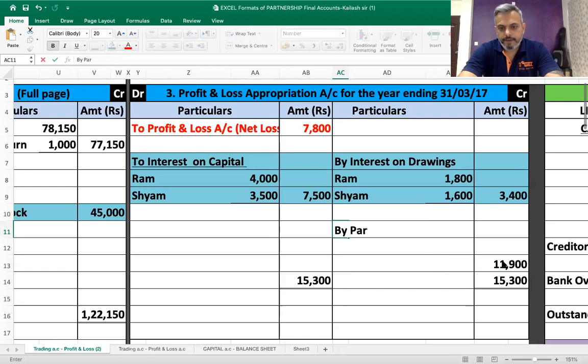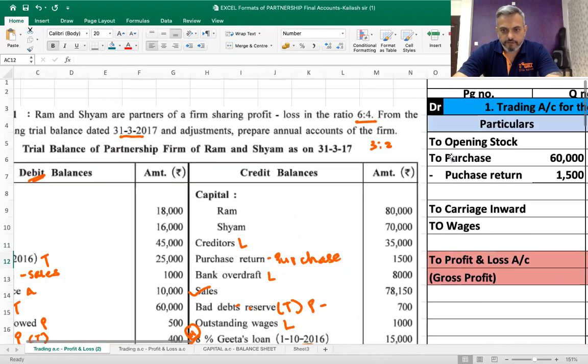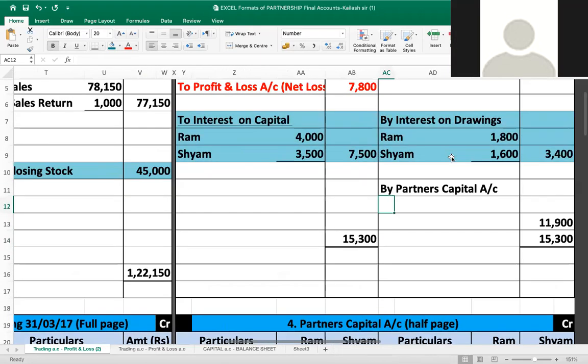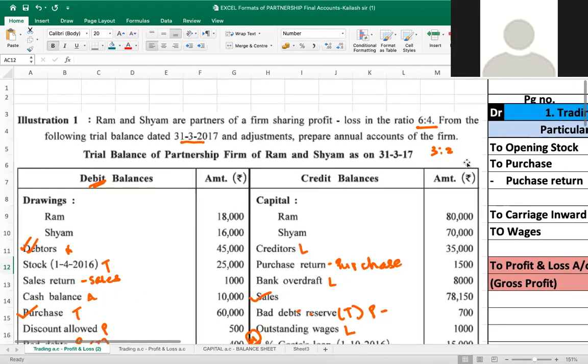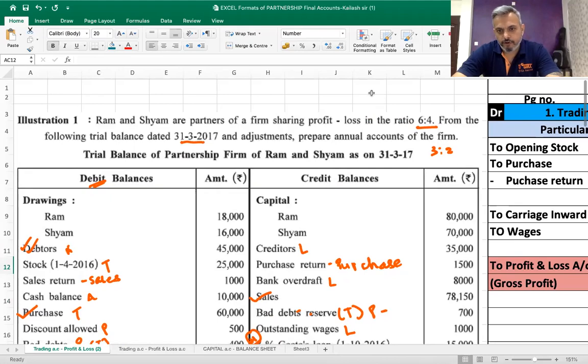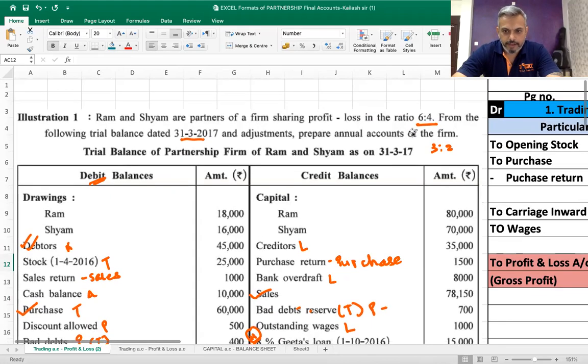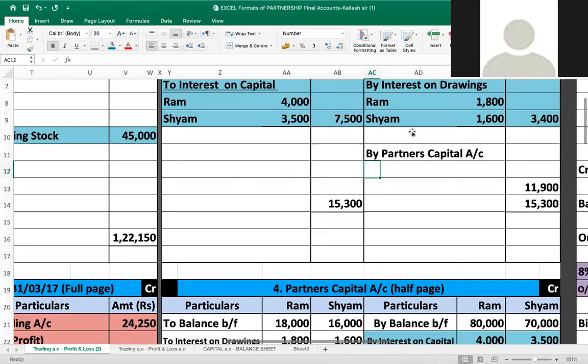By partners capital account. Now, what is the profit sharing ratio? It is 3 is to 2, 6 is to 4. Okay? So 6 is to 4, yeah, 3 is to 2.